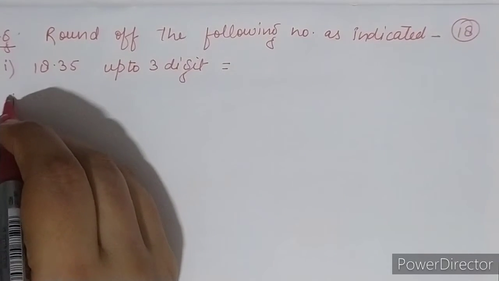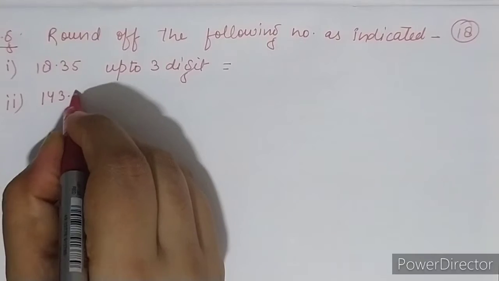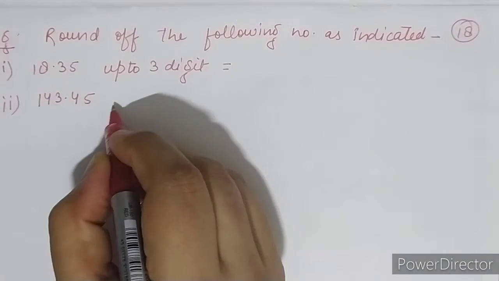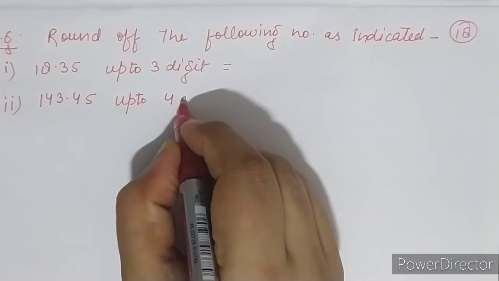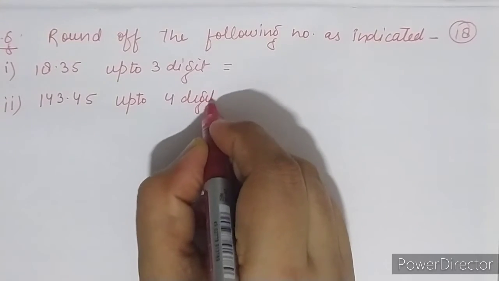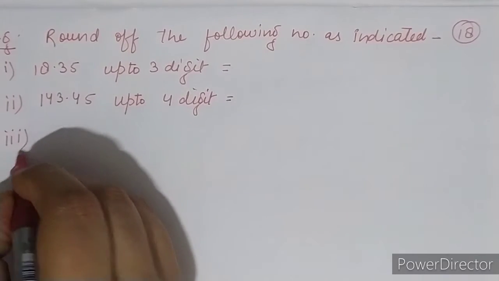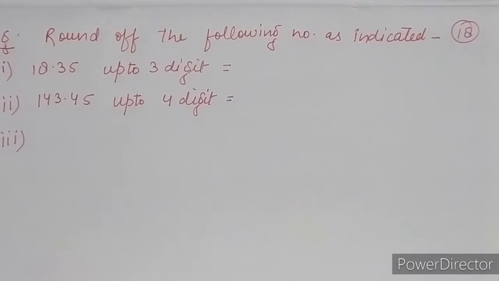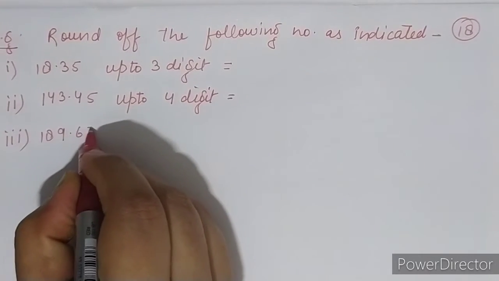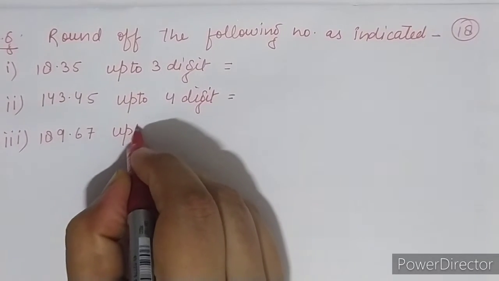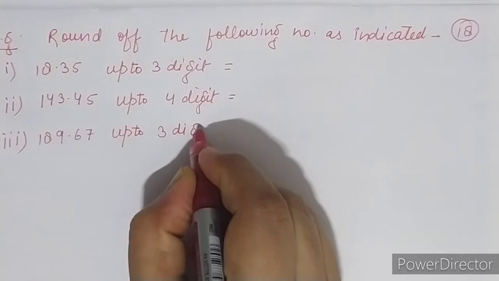Second, 143.45, this you have to round off up to 4 digits. Third one is 189.67, you have to round off up to 3 digits.